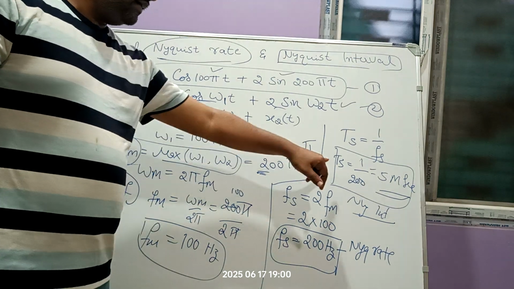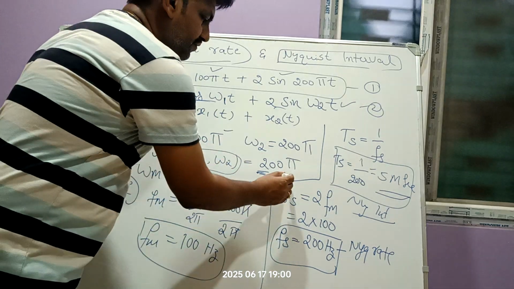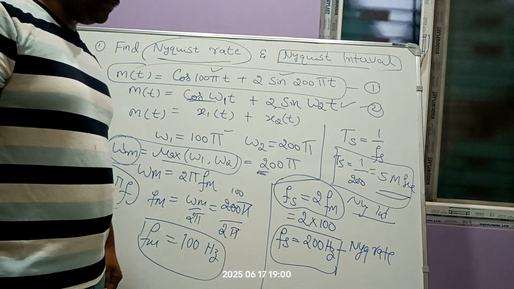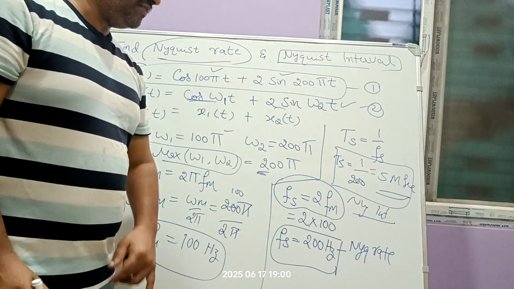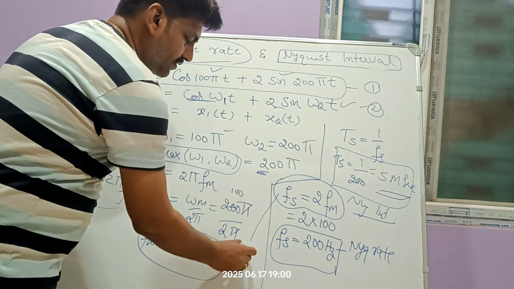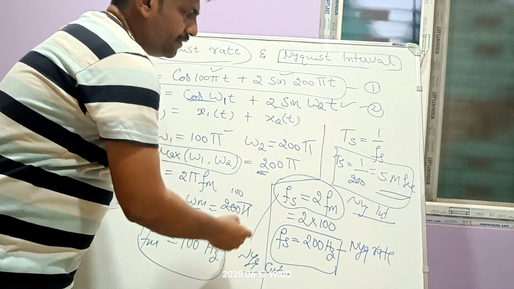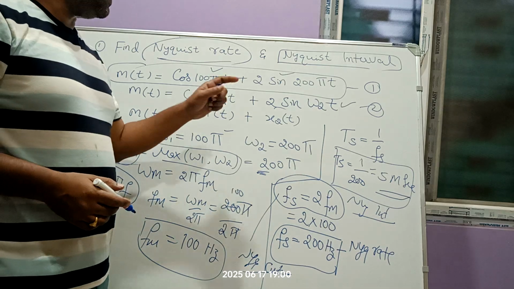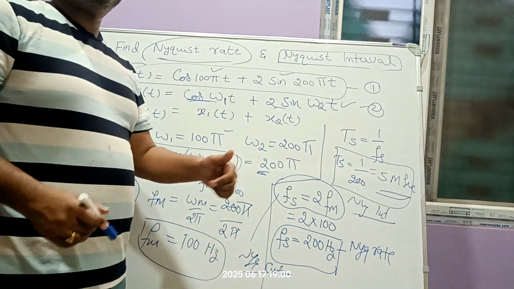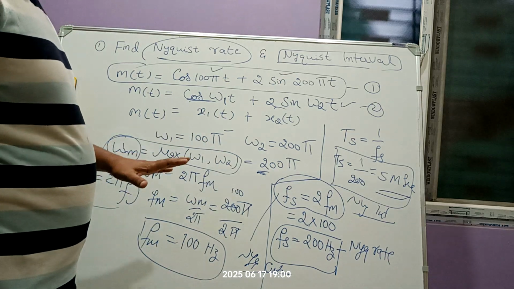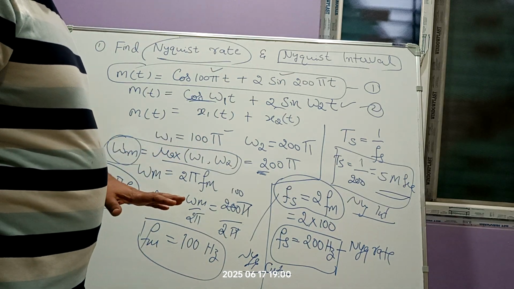Then after that, relate it with the help of the Nyquist criteria, that is Fs equal to 2 Fm, so that you will get the Nyquist rate. We have called this the Nyquist criteria. In the previous video, I have considered the sampling theorem for oversampling, undersampling and critical sampling, so if you go through that, you will understand this Fs equal to 2 Fm.